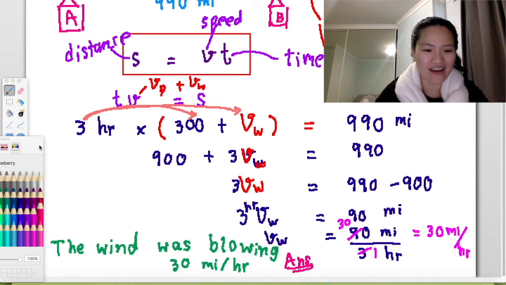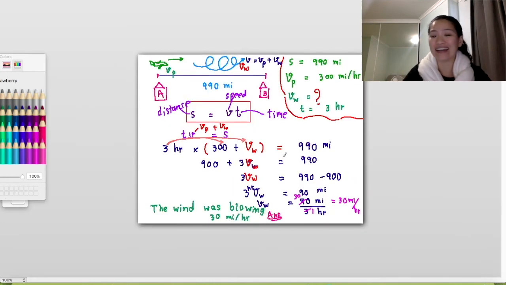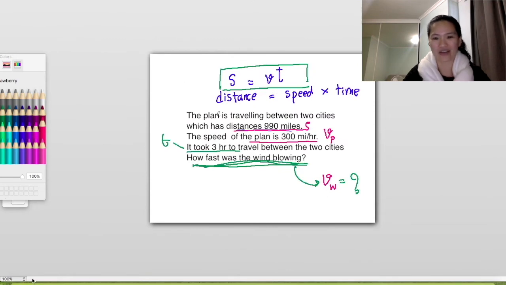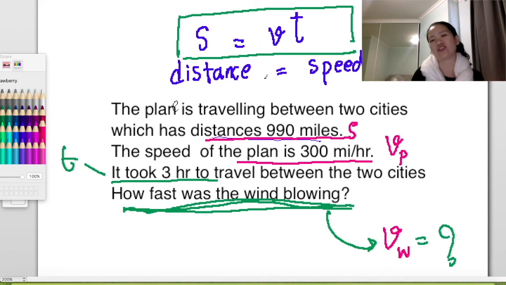Alright, see the concept again. First, you try to analyze the question. You have to find the connection between the formula and all of the information. Find what they want, what they asked you. Like, how far was the wind blowing?